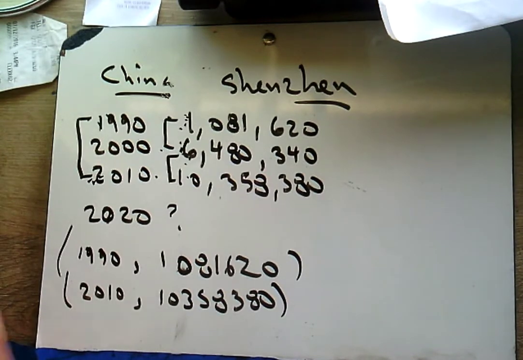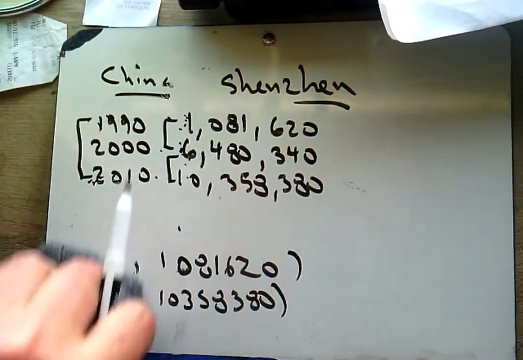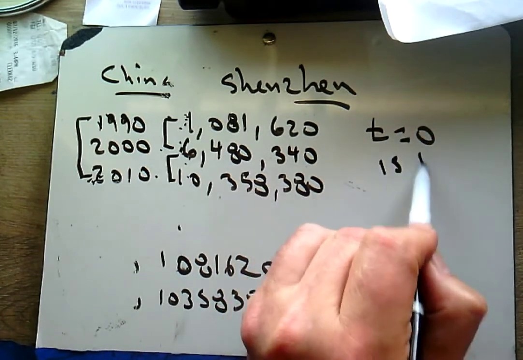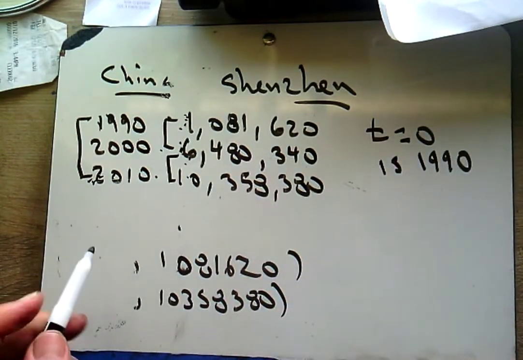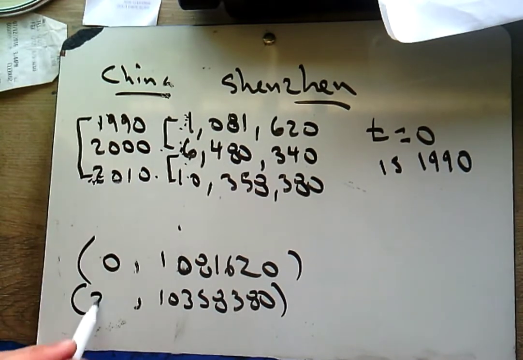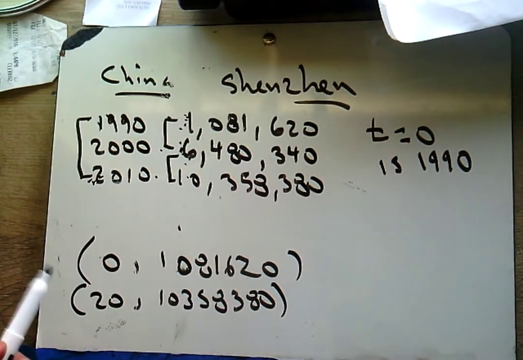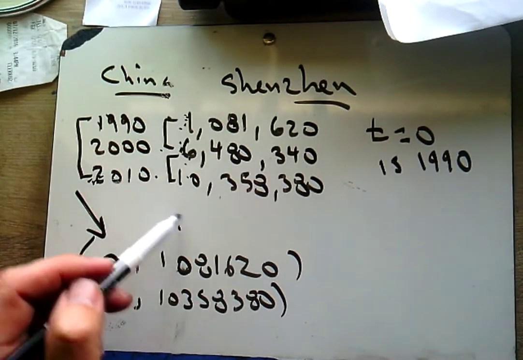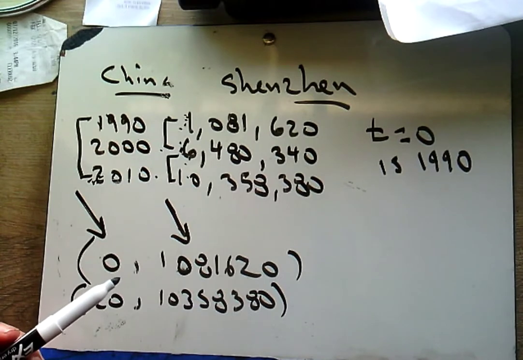And I don't want to do that. I would prefer instead to say that t equals 0 is 1990. So this is going to be 0, and 2010 is 20 years later, so I'm going to have a 20 here. I want to do that because that's t equals 0, so that's the initial population.